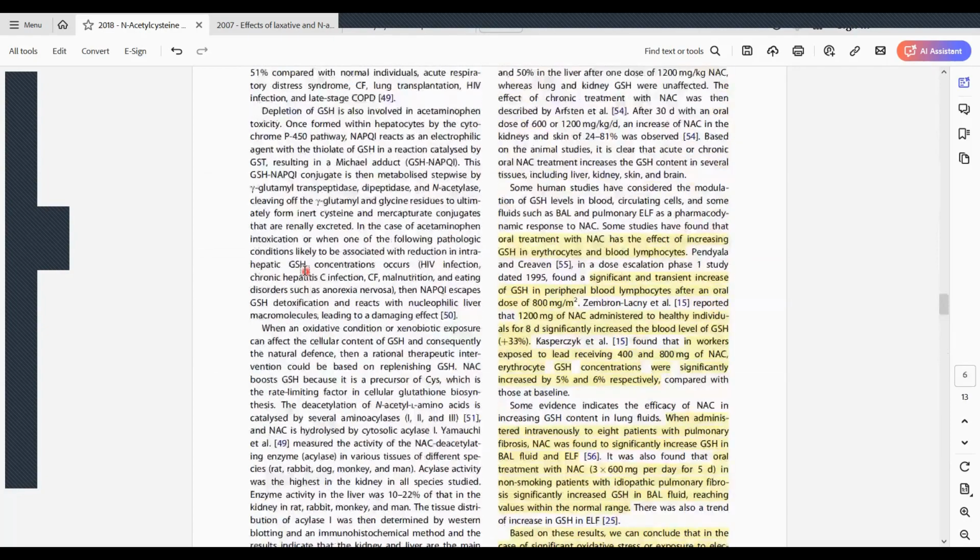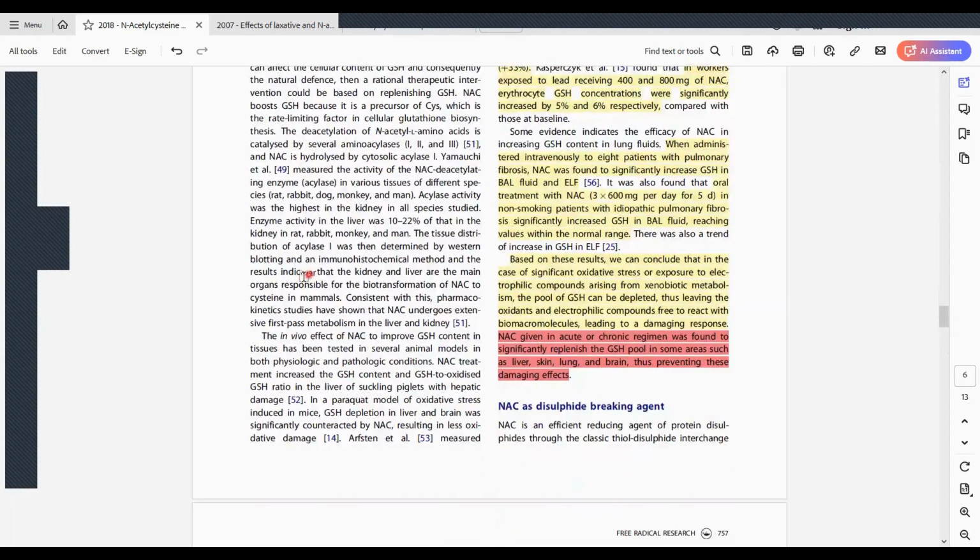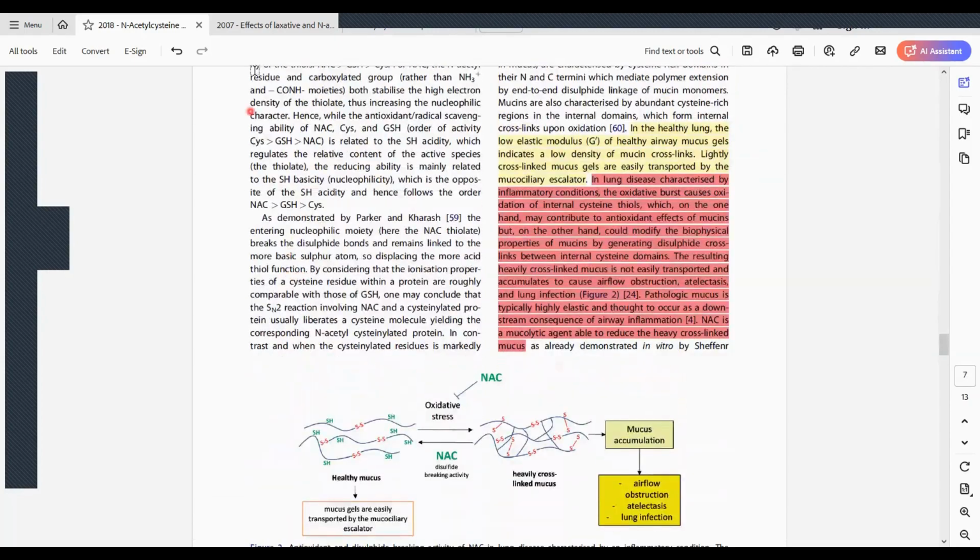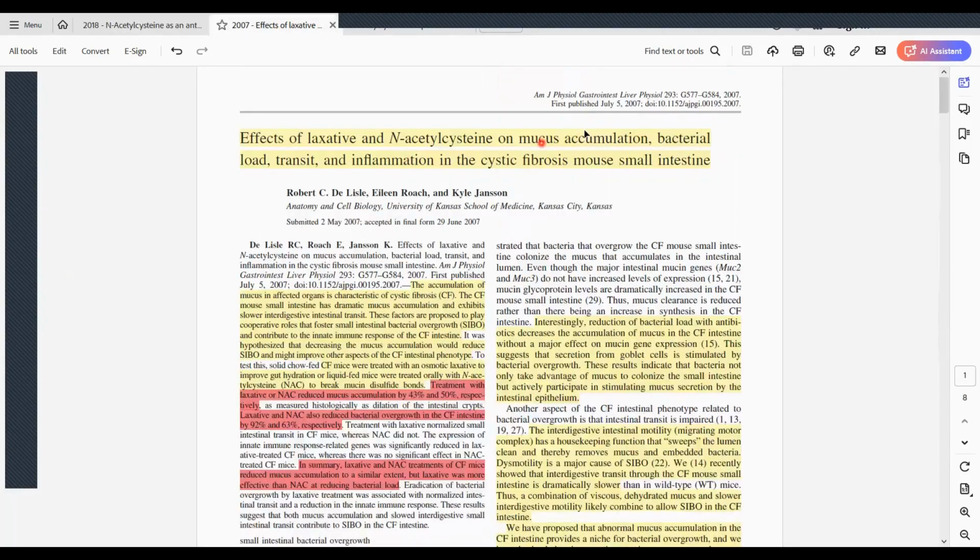Well, let's go back in time 11 years backwards from this study, 2007, in the American Journal of Physiology, Gastrointestinal and Liver Physiology. Basically, this paper was looking at mice with cystic fibrosis, okay? And specifically mice with cystic fibrosis in the small intestine.